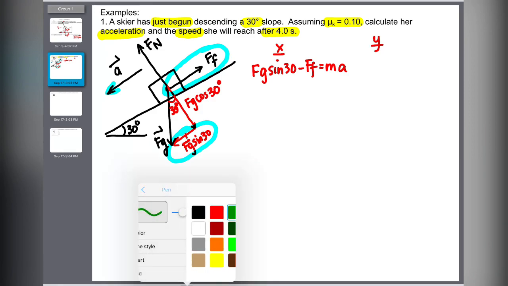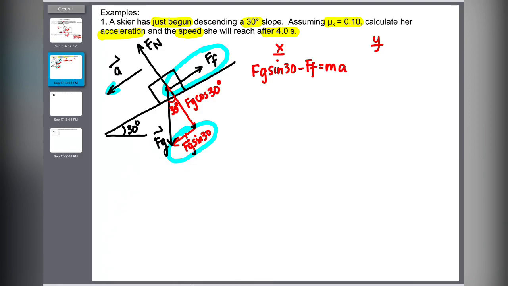To figure out Ff, I need the y. So I'm going to now work on the y. How many forces do I have? I have one that's going up and one that's going down. So two forces along y. So up minus down. Now this time the down is the component of the Fg, and it equals ma.